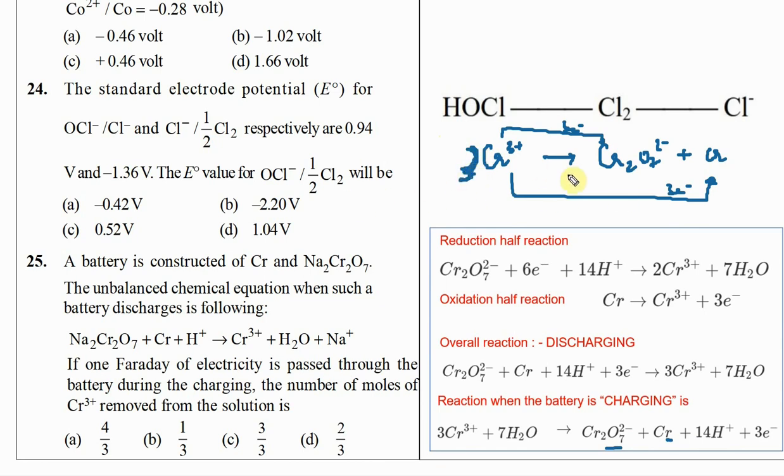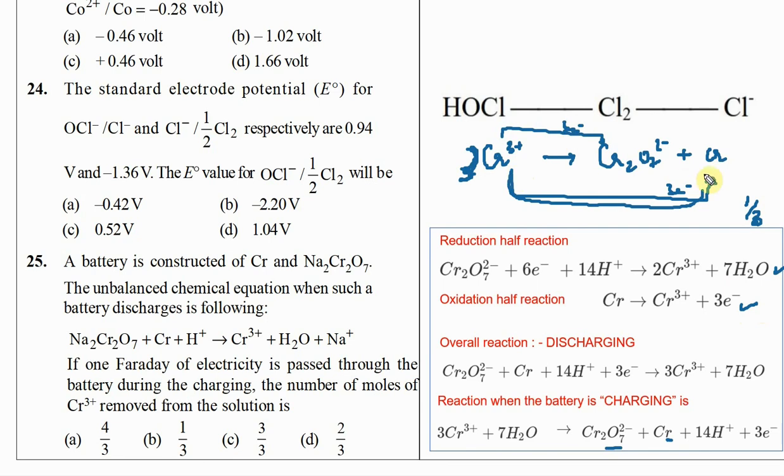So when I pass the current, for each chromium going to Cr, I need 3 Faraday, correct? 3 Faraday. If I do 1 Faraday only, then I should get 1 by 3. That should be the number of moles disappearing for this reaction. For every time this reaction happens, this reaction will also happen.